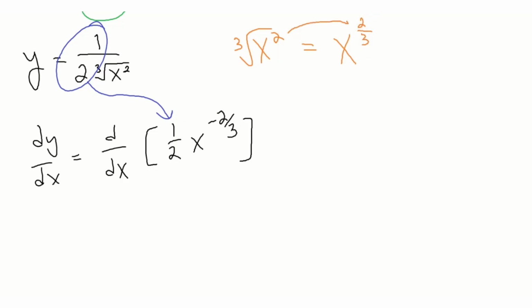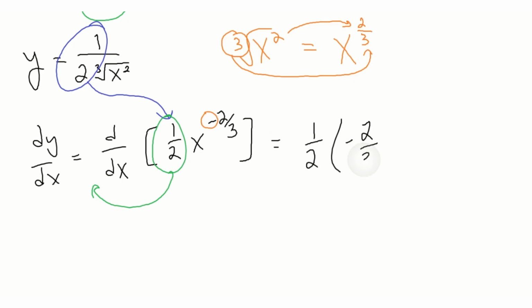The 2 came from there, and the 3 came from the index of the radical. And because we moved this to the other side of the fraction, we changed the sign. Let's factor the constant out and apply the power rule, and we get the derivative as 1/2 times negative 2/3 x to the negative 5/3, which simplifies to negative 1 over 3x to the 5/3.